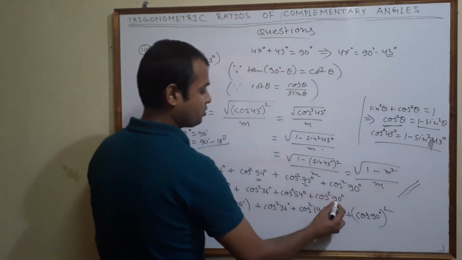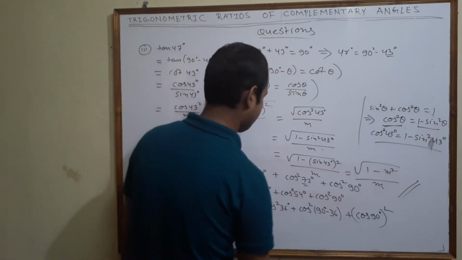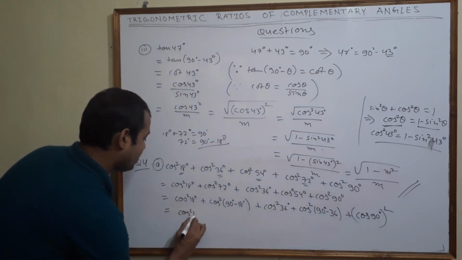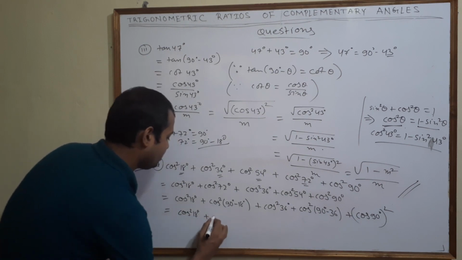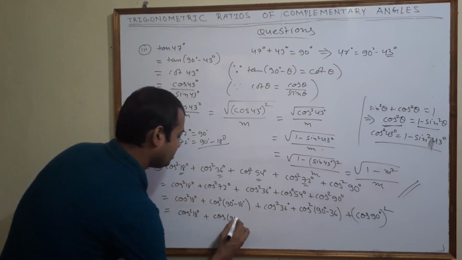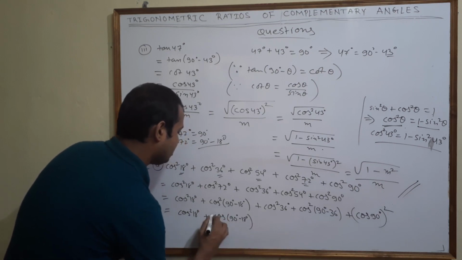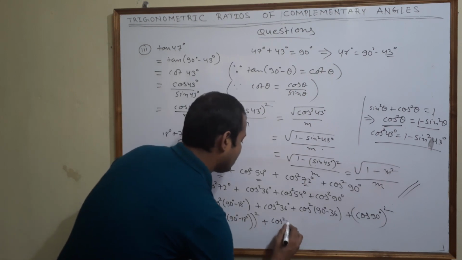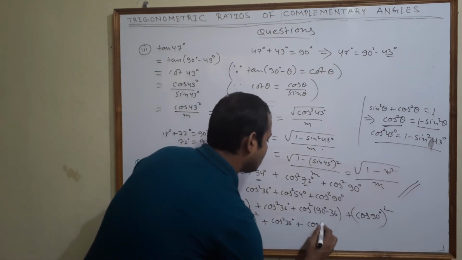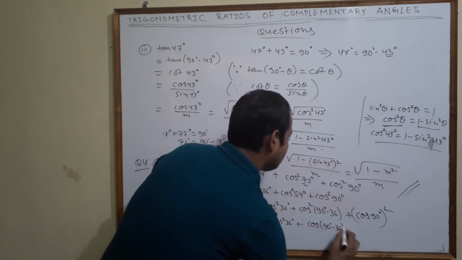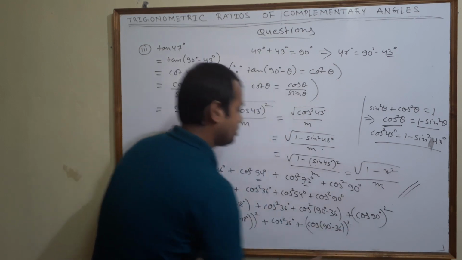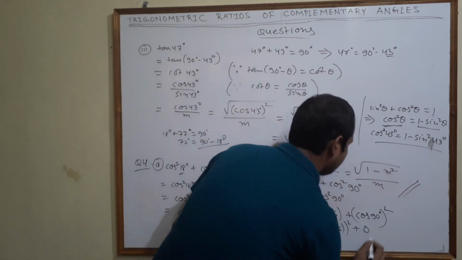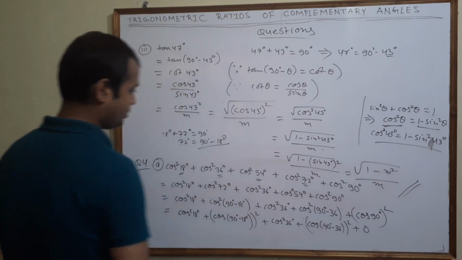Cos square 90 degree means cos 90 degree whole square. You know cos 90 is equal to 0, so the square of 0 will be 0.